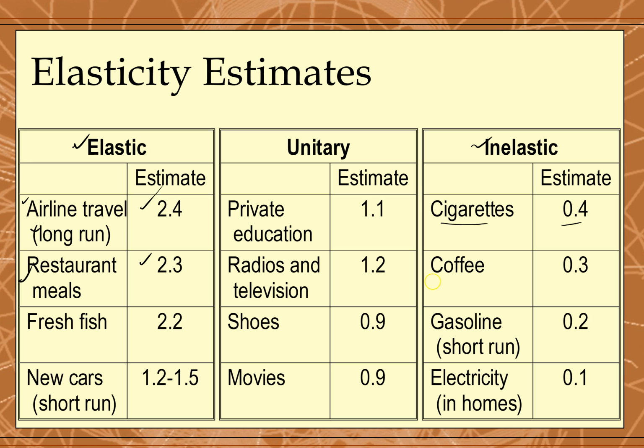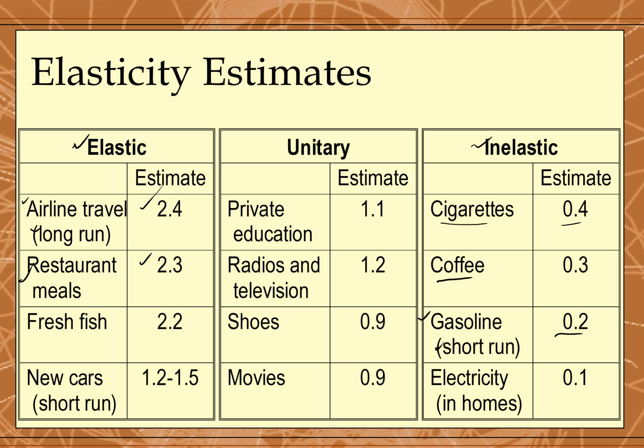And one can make the same case for coffee, right? Gasoline, in the short run, when the price of gasoline goes up, demand doesn't drop that much. Only drops, if it goes up by 1%, it drops by 0.2%. That could be because there are very few substitutes. Well, there are no substitutes in terms of putting fuel in your car.